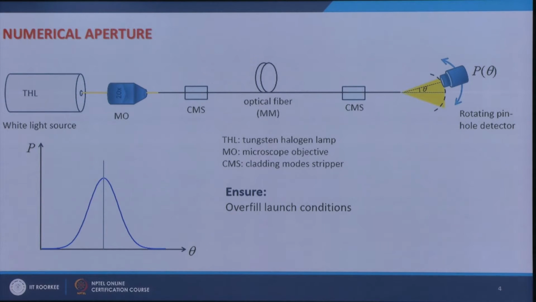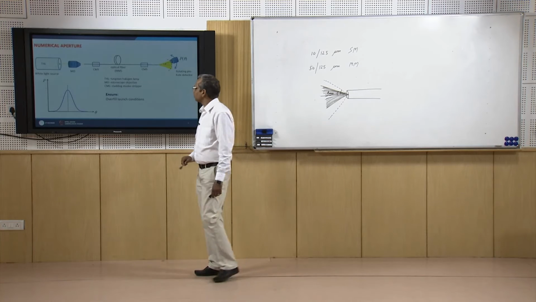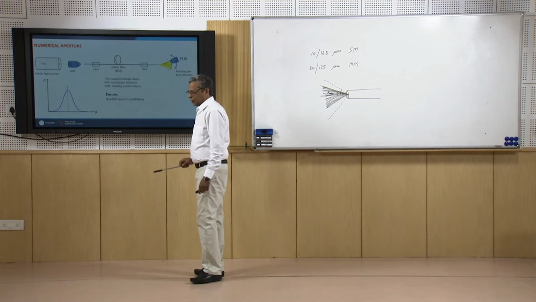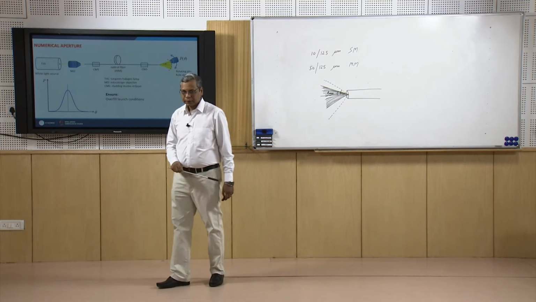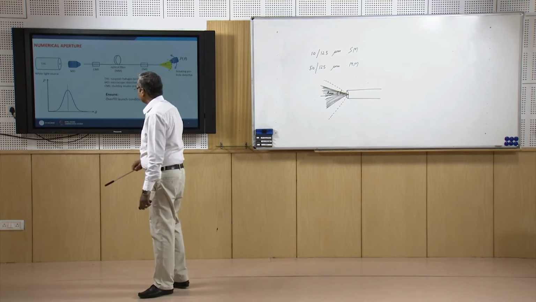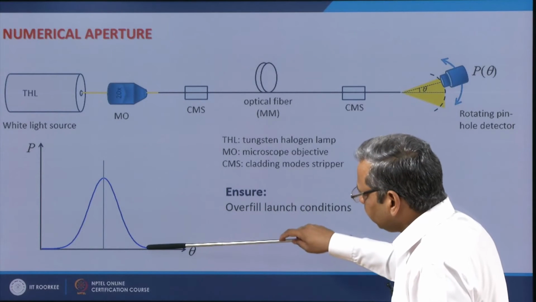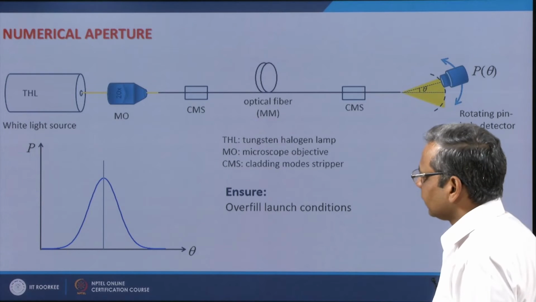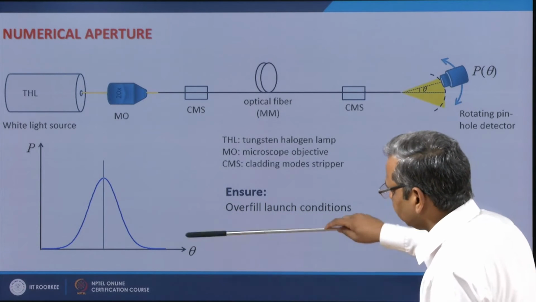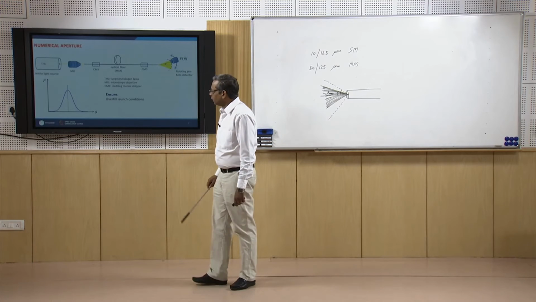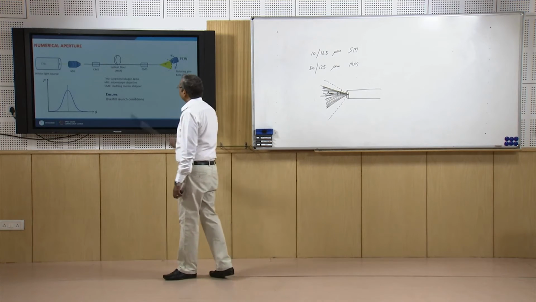I need to find out this Imax, and Imax corresponds to the boundary here, the boundary of the cone, the semi vertical angle of the cone. But when I see this, it does not drop down to 0 abruptly, but it slowly goes to 0 and it will be 0 at theta equal to infinity, for example. So, we have to define this boundary.